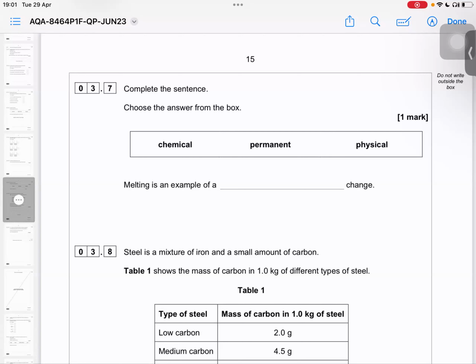An example of a change that can be reversed, right? Something that can be reversed is a physical change. You can think of an example, adding salt to water, okay? You can actually reverse it, right? It's not a permanent change. How do we reverse it? You can simply heat salt water and all the water would evaporate and leave the salt for you, right?